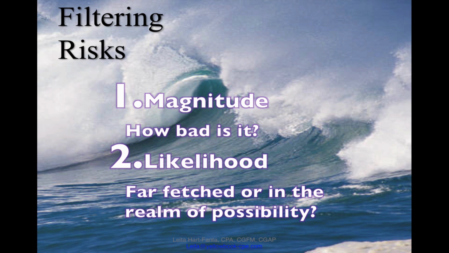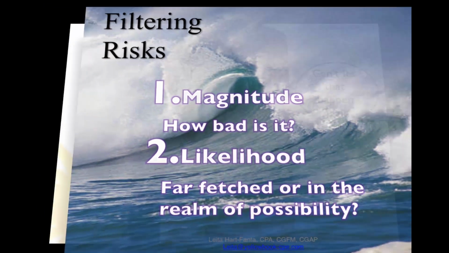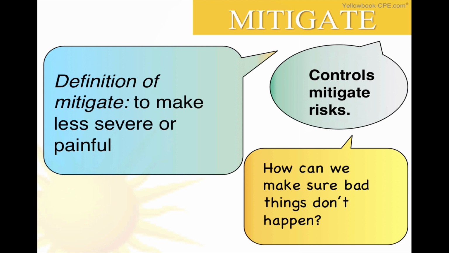And now they're thinking, wow, what kind of risks am I tolerating in my organization or in my personal life on a regular basis? And they're kind of hooked. And they're like, okay, I understand why we have controls. Controls make sure that bad things don't happen. And then if I'm really feeling like they can tolerate it, I'll use the word mitigate with them. That controls mitigate risk. And they're like, okay, they're in.